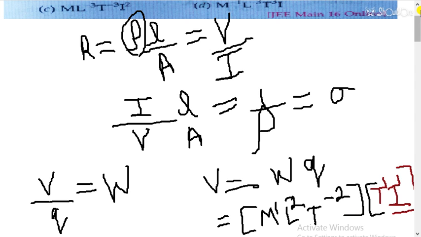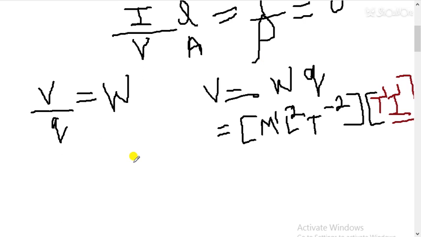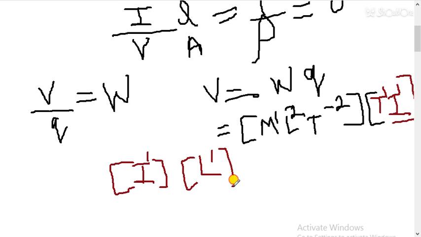So now I have to put the dimensions here. On the left hand side I have I, so I put here I into L, which has dimension L1, and I have to put here I1 also. Then area has dimension L2.